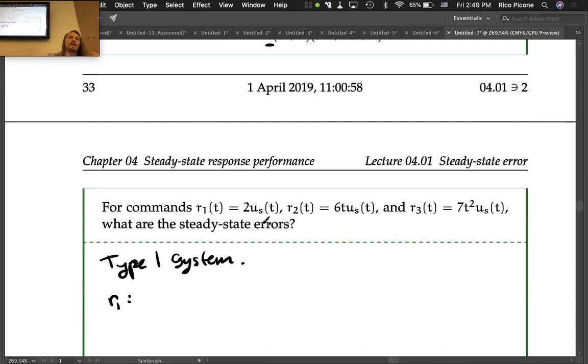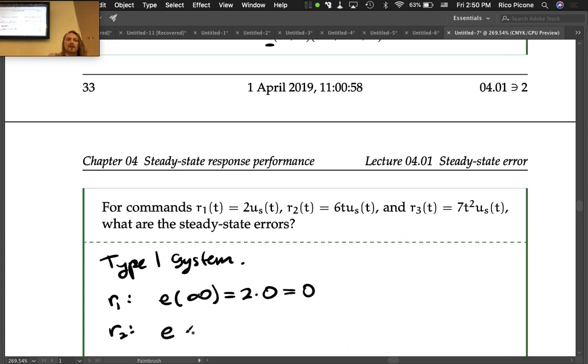So if you multiply the input by 2, you got to multiply the output by 2. And so we would have the steady state error be equal 2 times 0, which is just 0. This is fine in this case if we forgot about scaling, but we should be careful.